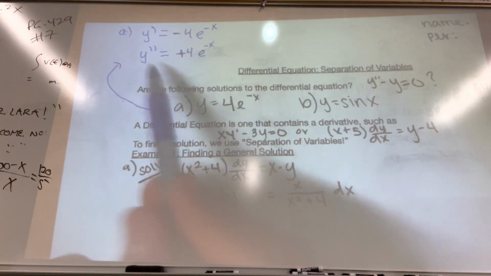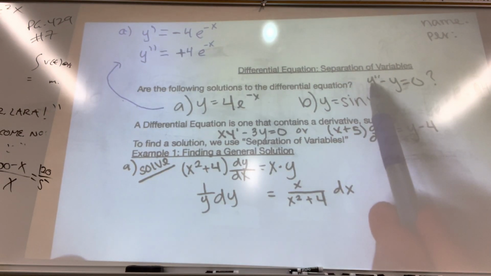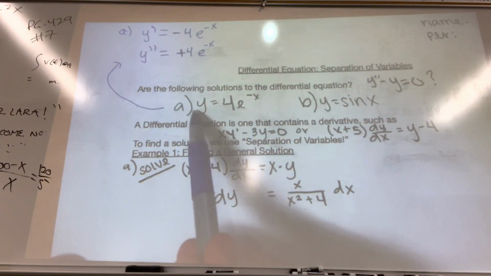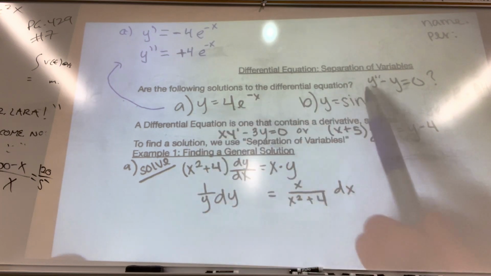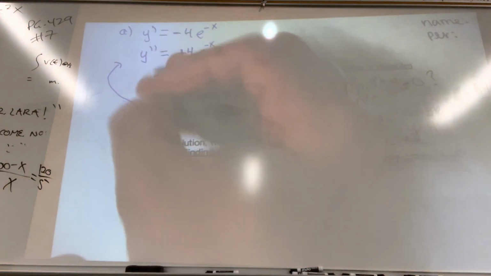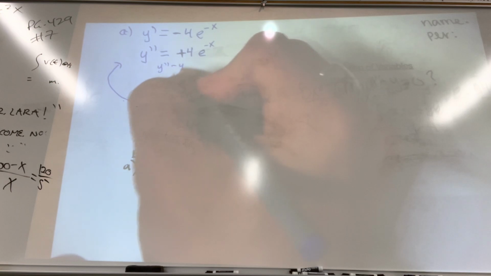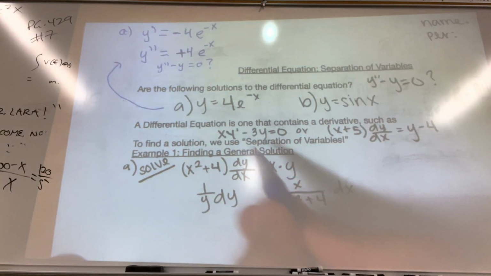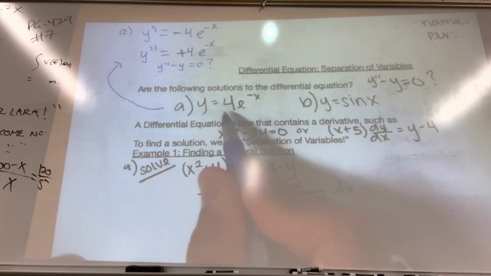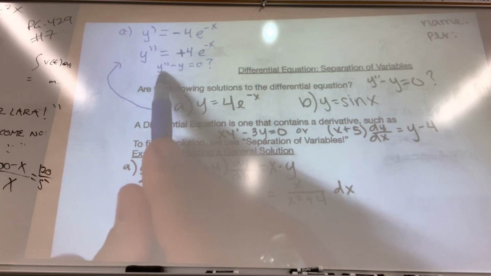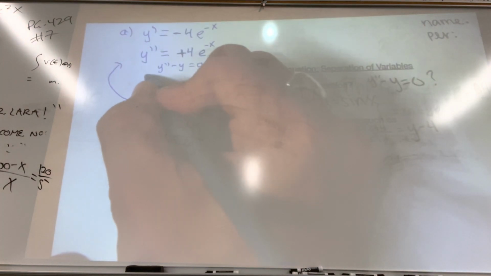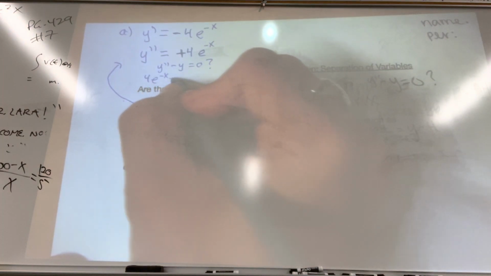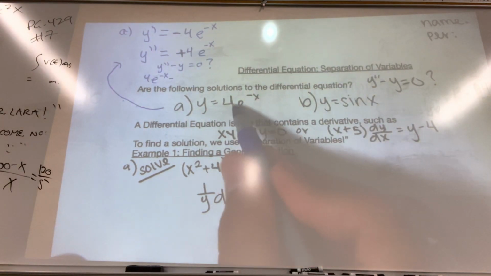Okay, so now I have y double prime, and now let me answer the question. Does my original function satisfy y double prime minus y equals 0? Let's see. I'm going to plug it in. What's y double prime? 4e to the negative x minus, what's y?